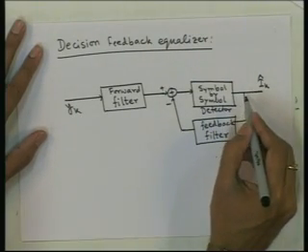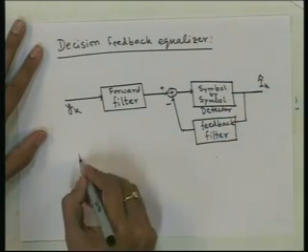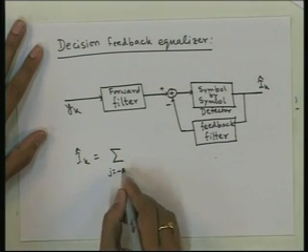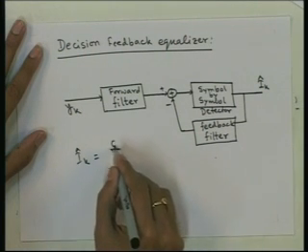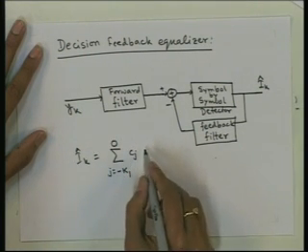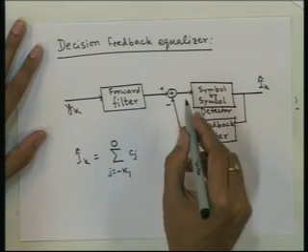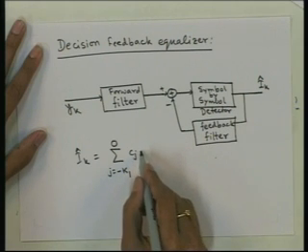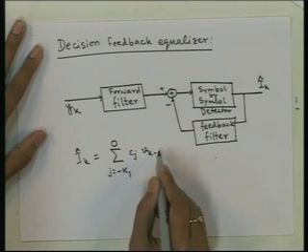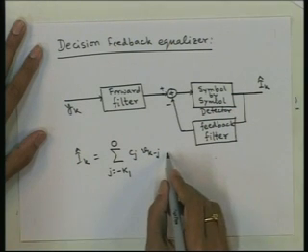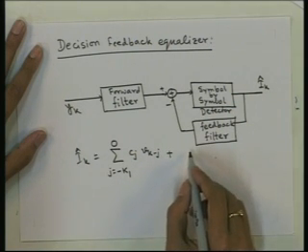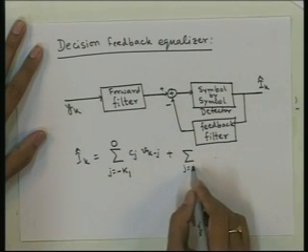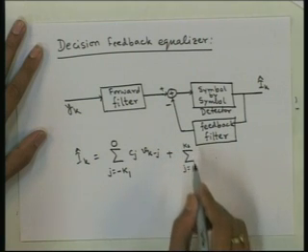So, what is the I k hat here? I k hat is the sum over j equal to minus K1 to 0 of C j y k minus j, plus the feedback part.